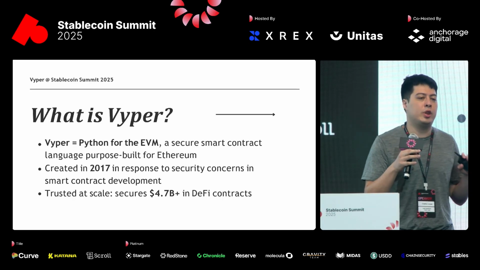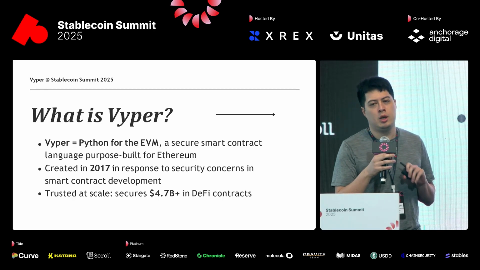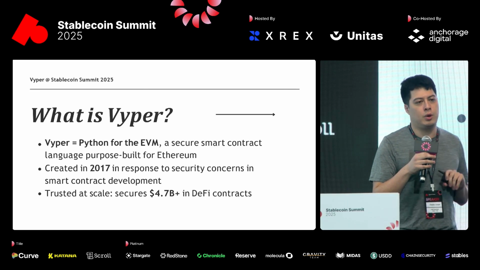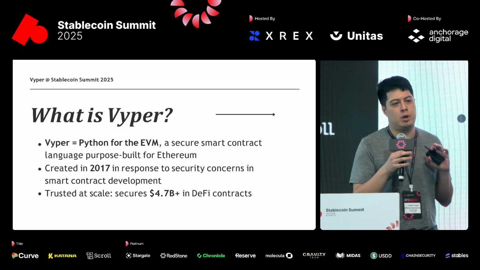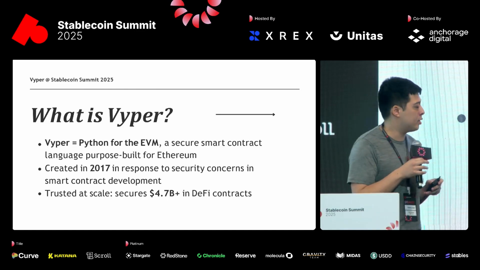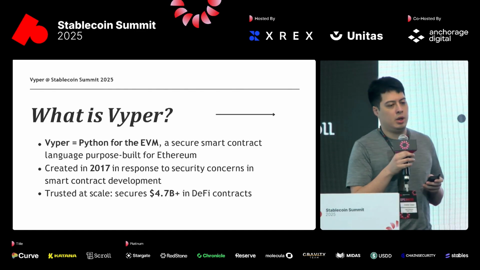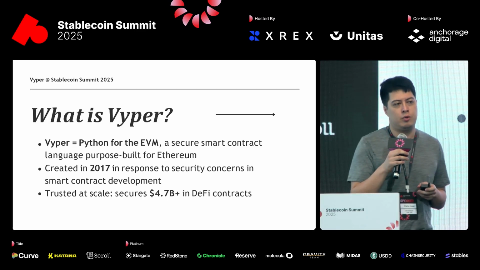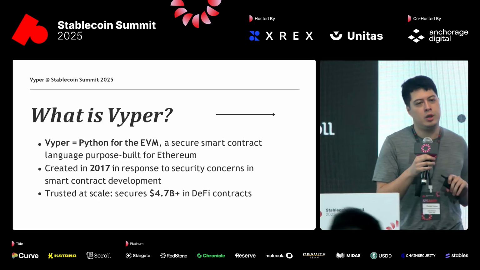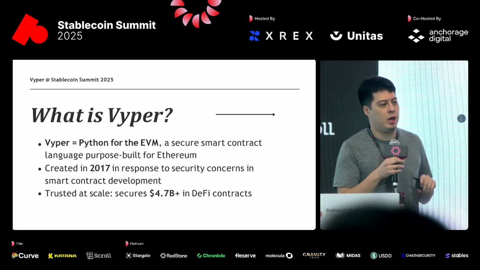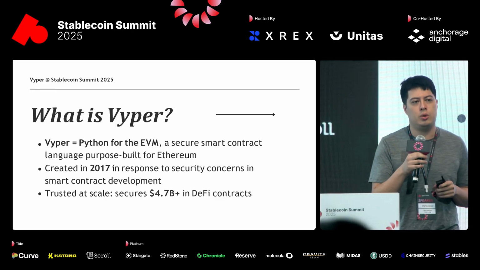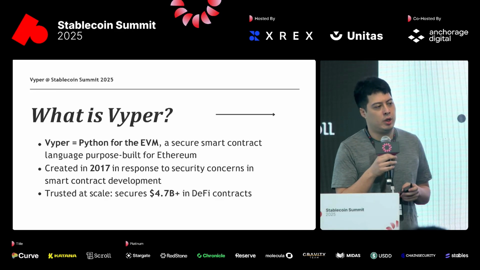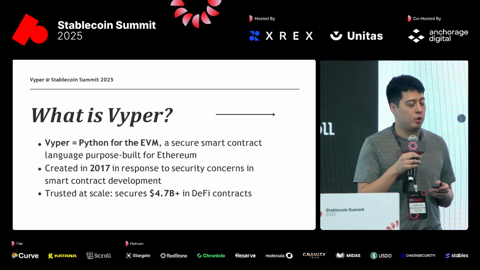The most difficult things in software development are maintainability, readability, and correctness of code, and that's what Vyper prioritizes over everything else. Today, Vyper secures over $4.7 billion, depending on the day. At its peak in 2022, I think it was securing over $30 billion in different DeFi protocols.